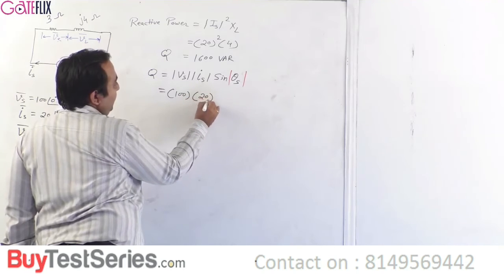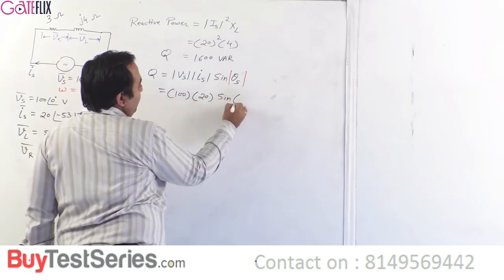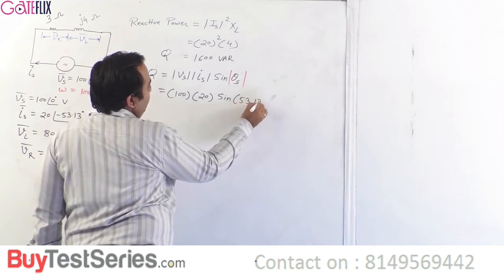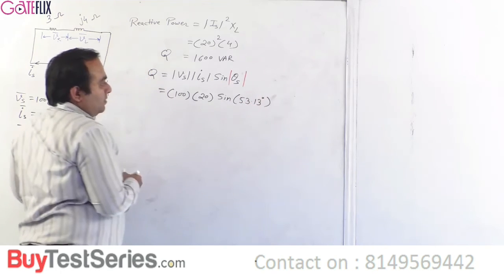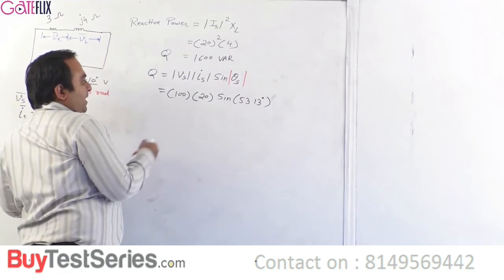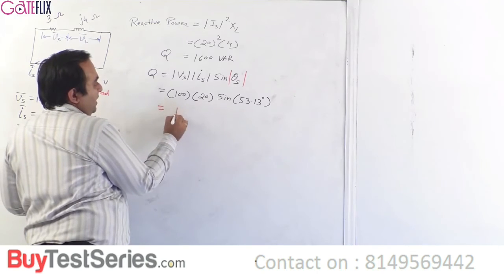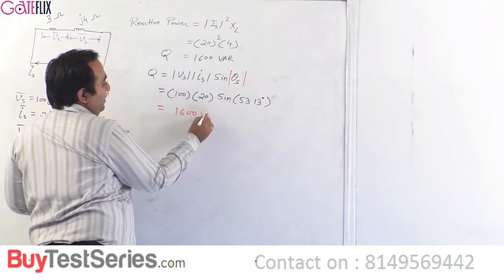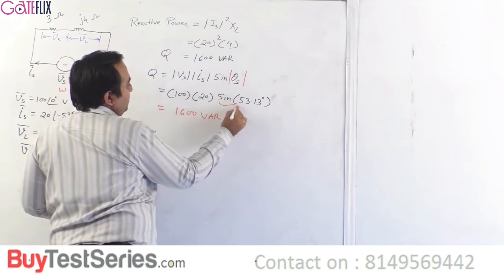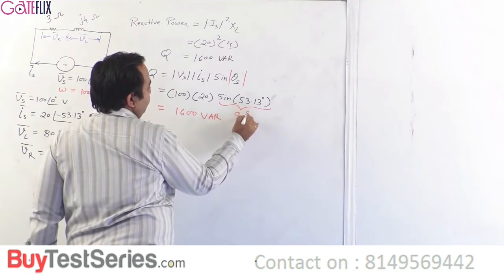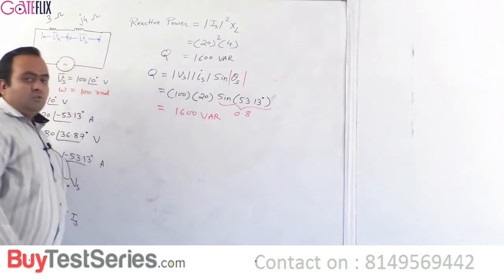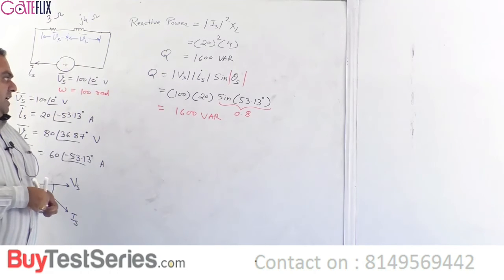It is 20. Sine of 53.13 degrees. Alright, so it comes out to be again 1600 VAR, because this is 0.8. So it comes out to be 1600 VAR.